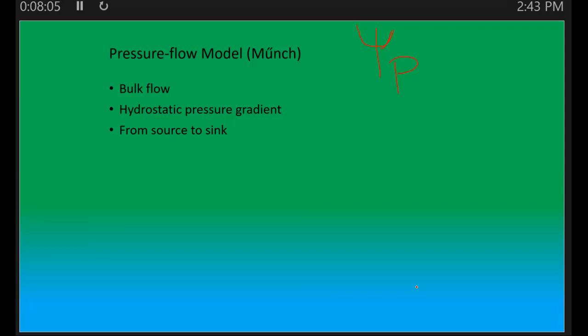And so it can be any direction. It just has to follow this source to sink pressure gradient. And they also see that it's linked to water that is right next door to the phloem, the xylem water. And so the plant will use the xylem water to create this pressure gradient and then get the sugar to flow from source to sink.